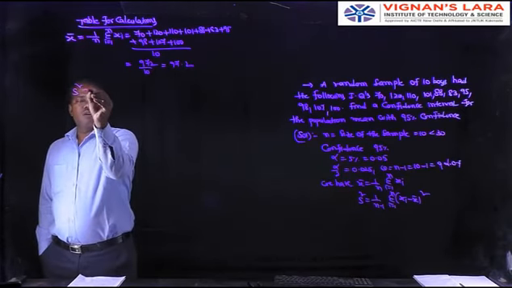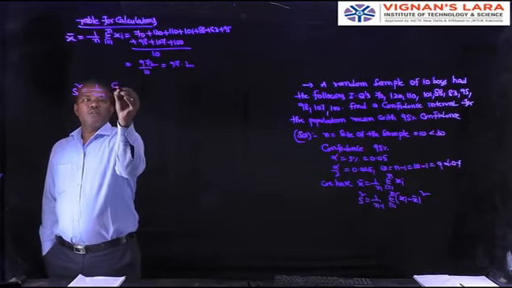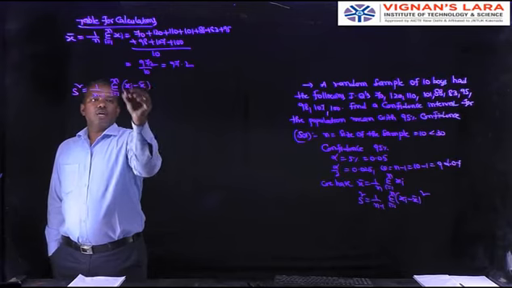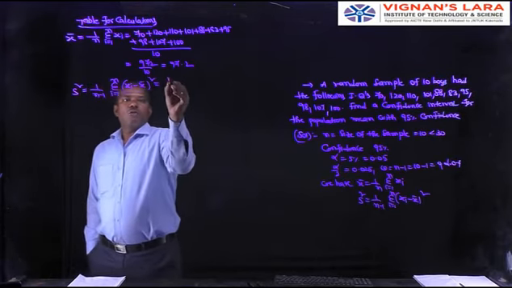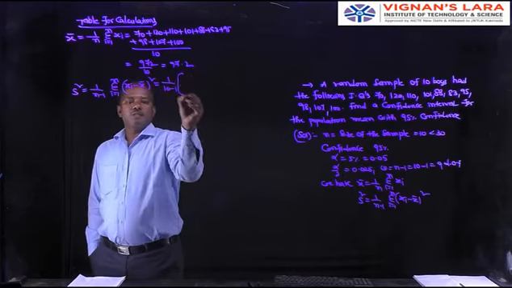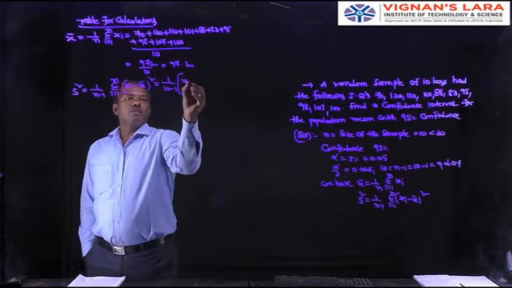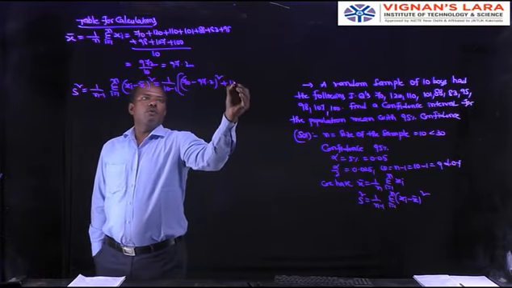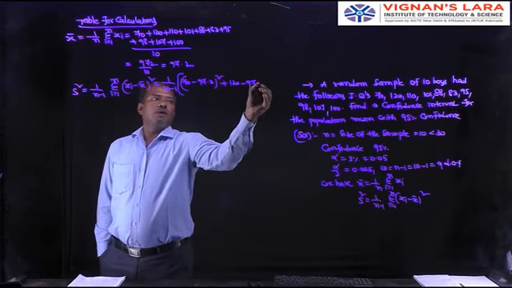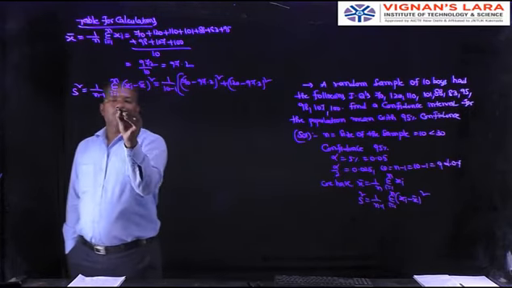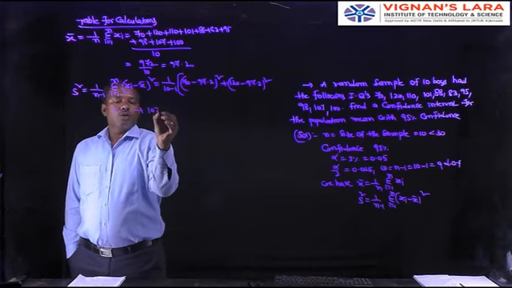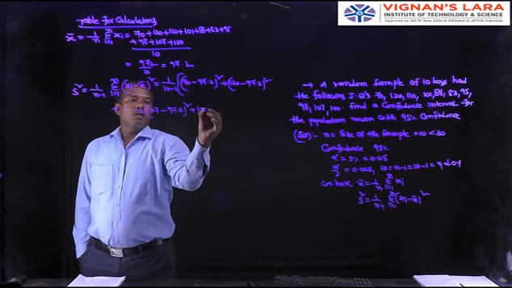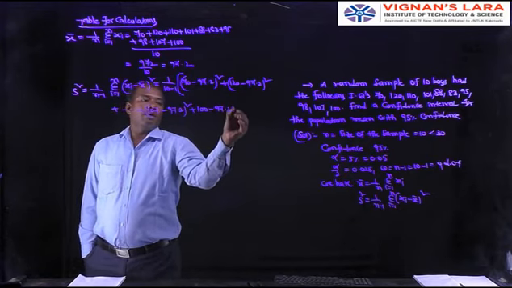Now s square is 1 by n minus 1, sigma i equal to 1 to n, xi minus x bar whole square, that is 1 by 10 minus 1 into 70 minus 97.2 whole square plus the second value 120 minus 97.2 whole square, and so on, plus 107 minus 97.2 whole square plus 100 minus 97.2 whole square.